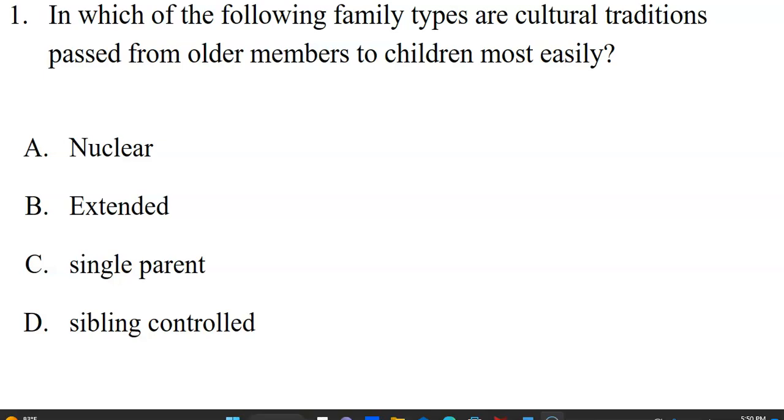Let us begin. Question 1 says, in which of the following family types do cultural traditions pass from older members to children most easily? If your answer to question 1 is letter B, extended family, you are correct.